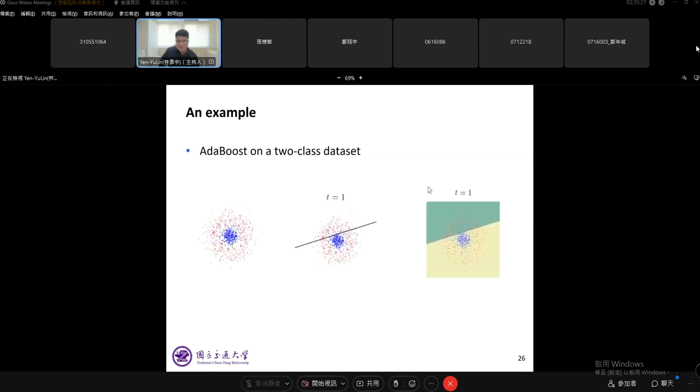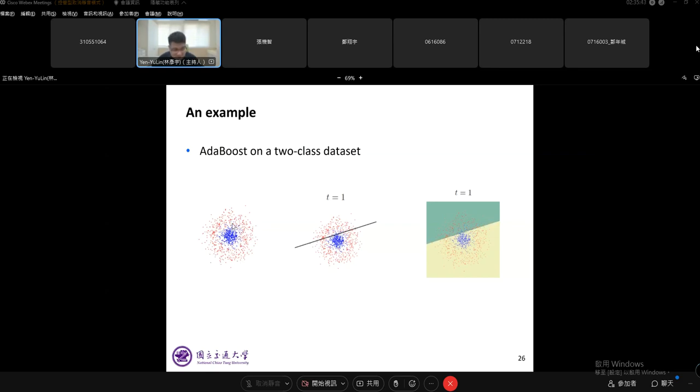So finally, let's look at an example of AWS. In this example, I want to show you the power, the effectiveness of AWS for data classification. Let's consider a binary class classification problem.